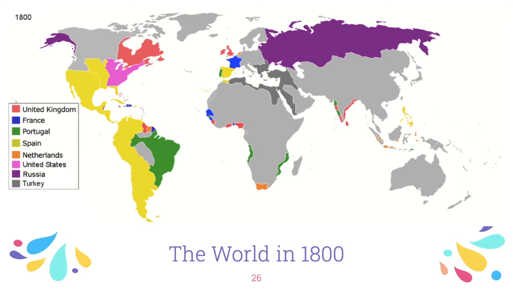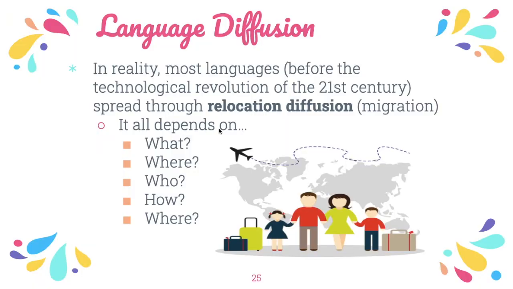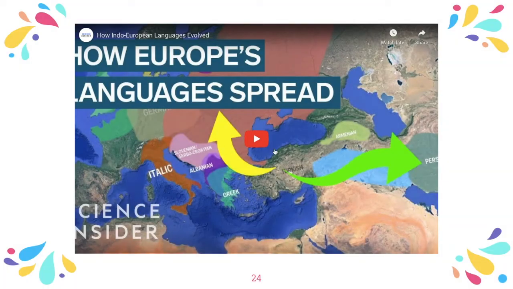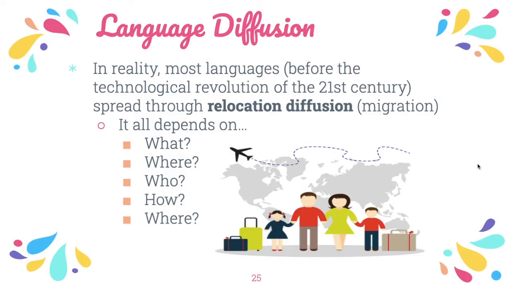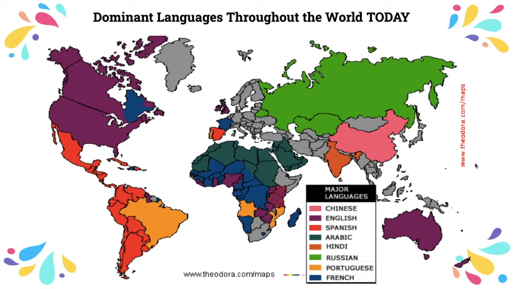And so as we think about diffusion, it's really important to know the hearth, like we saw in this video, and where things originally diffused to, and of course how that happened, right? The warrior thesis or the farmer thesis. But looking at today's languages on this map, the dominant languages used throughout the world today, you can see that this has been influenced largely by this period of exploration and colonization by European powers.